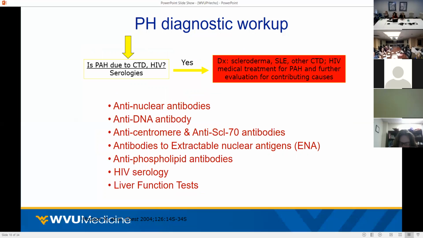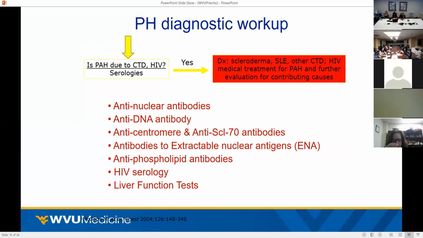If you're thinking pulmonary arterial hypertension, you're welcome to do this, or we do this in our clinic. If you're really worried about group 1 PH, we check HIV, we check ANA, we check hepatitis, those basic serologies. If those are positive, that makes you think more group 1. There's a plethora of different tests you can check.